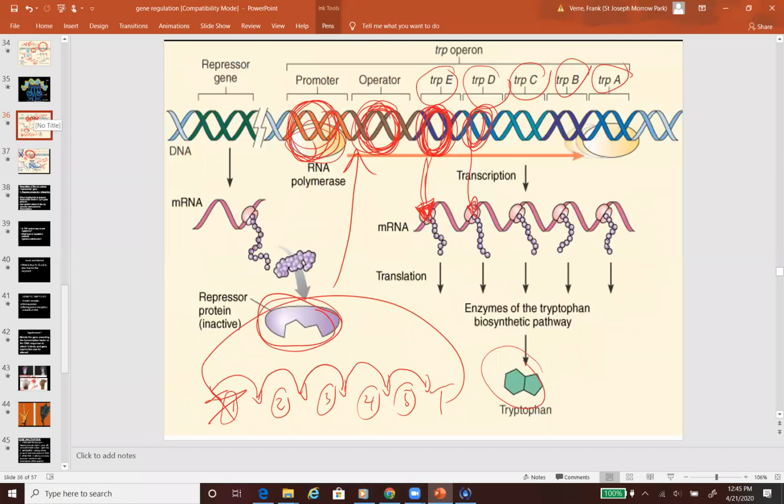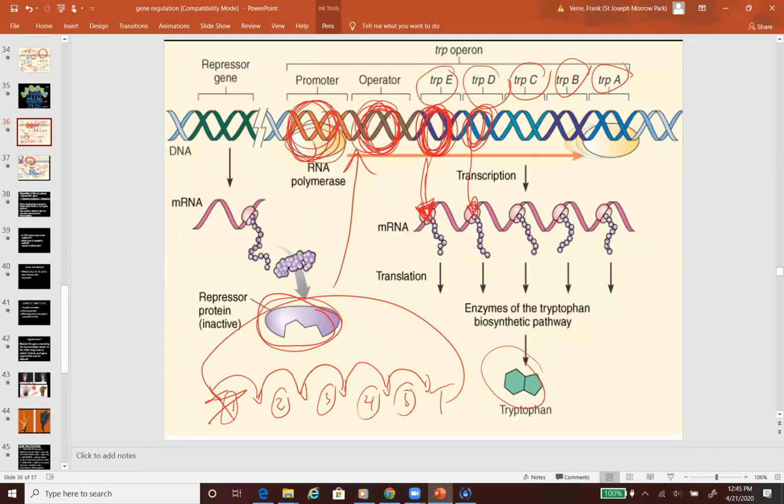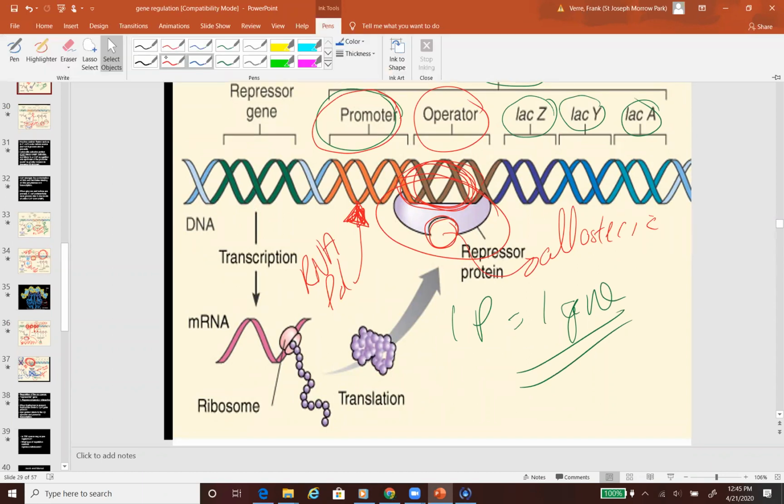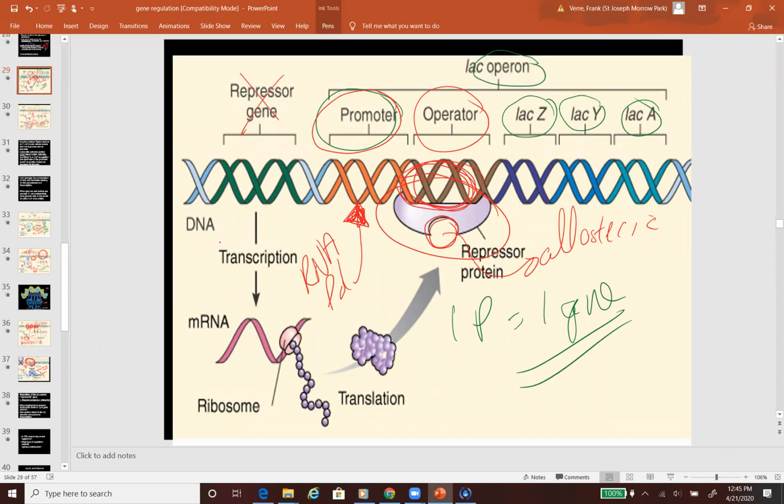which means you're always going to get transcription. You'll get the same effect if we talk about this, because if we knock out this repressor gene here for the Lac Operon, we knock it out, right? Knock out this gene. That means we don't make this protein, which means in this case, the genes for the Lac Operon always get transcribed.